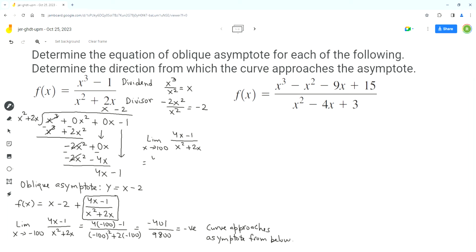We get 4 times 100 minus 1 over 100 squared plus 2 times 100. In the numerator, we'll get a positive value, and in the denominator, we'll get a positive value. That means the overall value will be positive. So that means the curve will approach the asymptote from above.